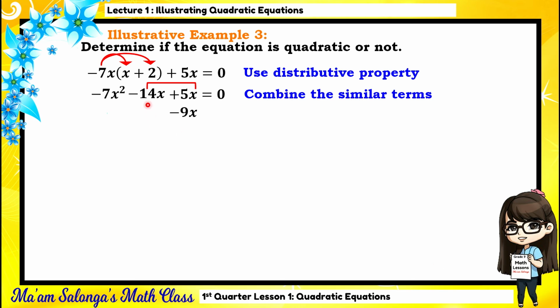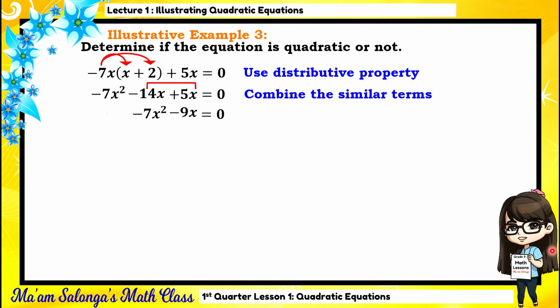So dito, magiging 14x minus 5x, and that is 9x. Since 14 is larger than 5, we need to affix the sign of 14. That's why the answer is negative 9x. Now, bring down negative 7x squared. So we have negative 7x squared minus 9x equals 0, and it's already in standard form.